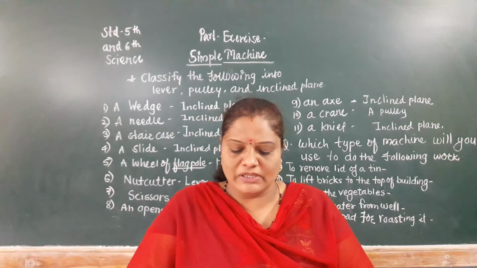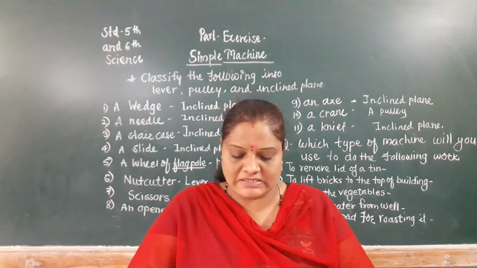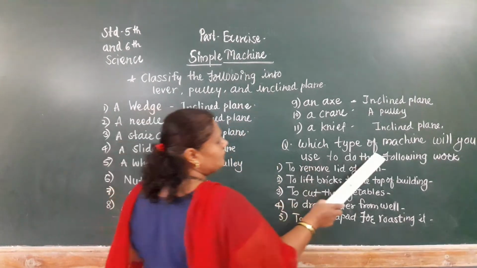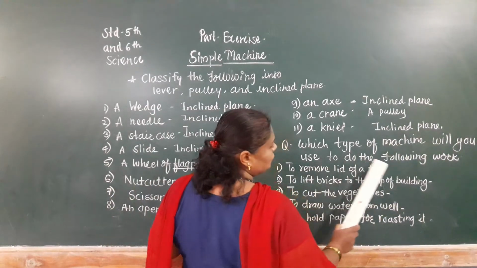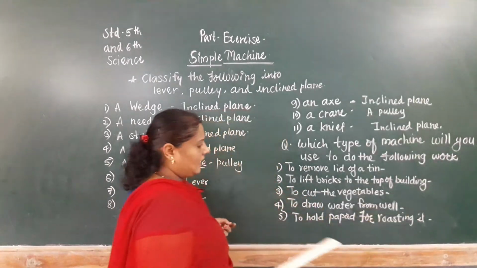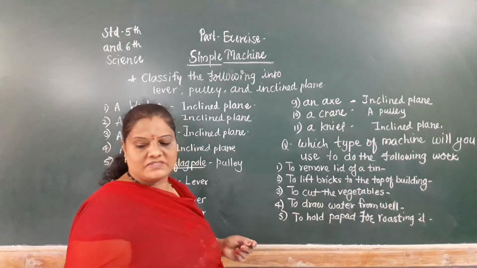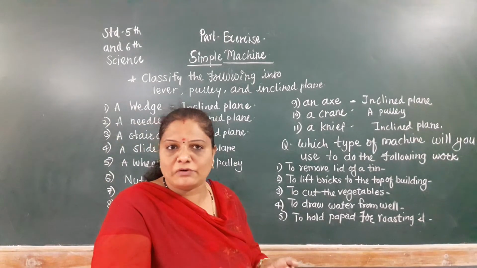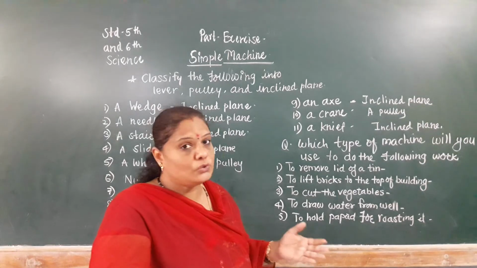Which machine will you use to do the following works? Write their types. See here, which type of machine will you use to do the following tasks? There are some tasks given to you in 5 sentences and you have to identify which type of machine you are going to use.